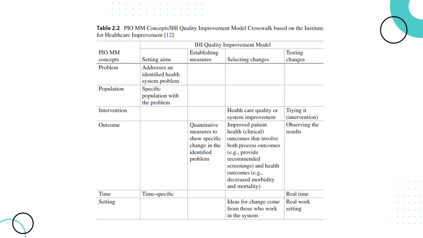The idea here is sometimes, let's say I prefer the PIOMM, but my stakeholder prefers the CDC logic model. I can now easily transition between the two. Okay, so it's not necessarily something that you should have memorized in the back of your head. However, you should understand that these things are relatable and can be transferred from one format to the other.